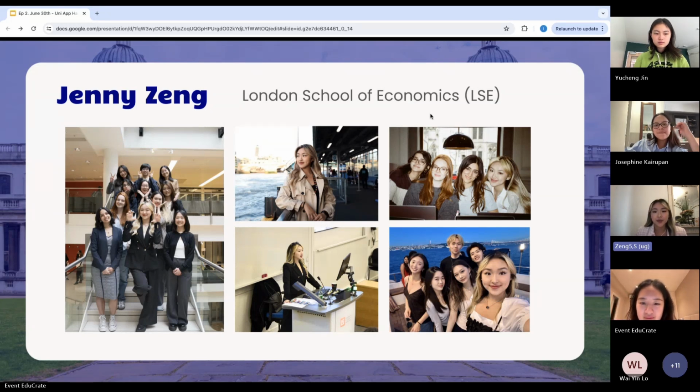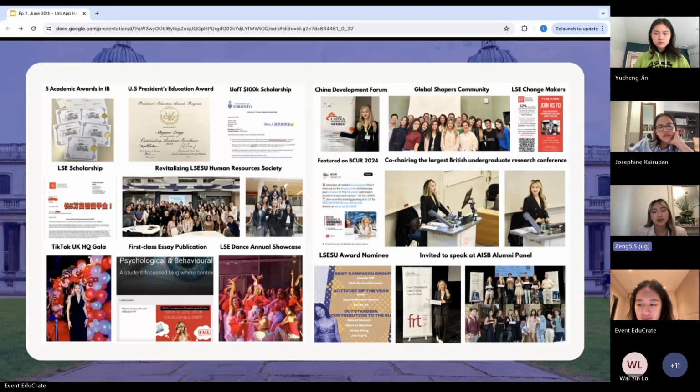Next slide, please. So at the LSE, starting from the top, these are some of the other things that I was doing. For IB, I got some academic awards and also received the U.S. President's Education Award for Academic Excellence for the class of 2022 in my high school. And then there was the U of T scholarship and then the LSE scholarship.